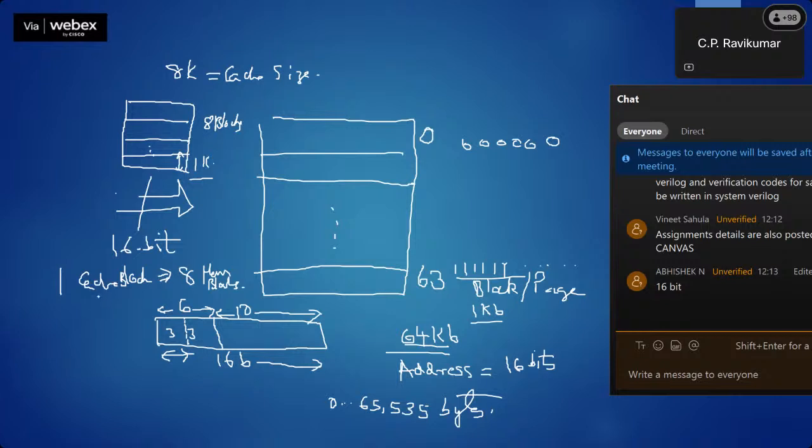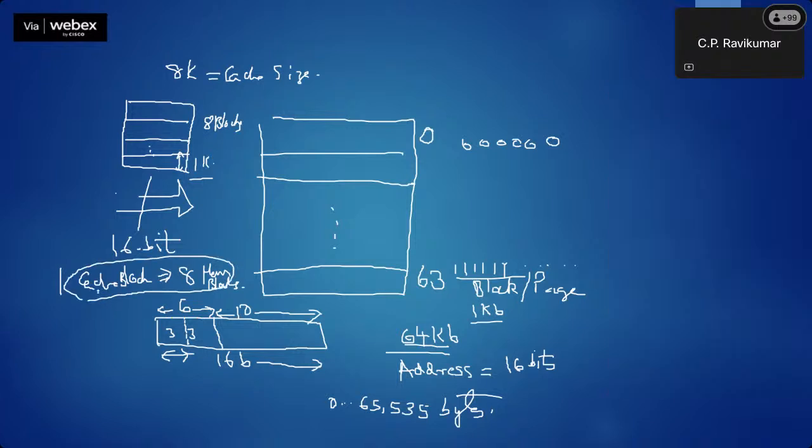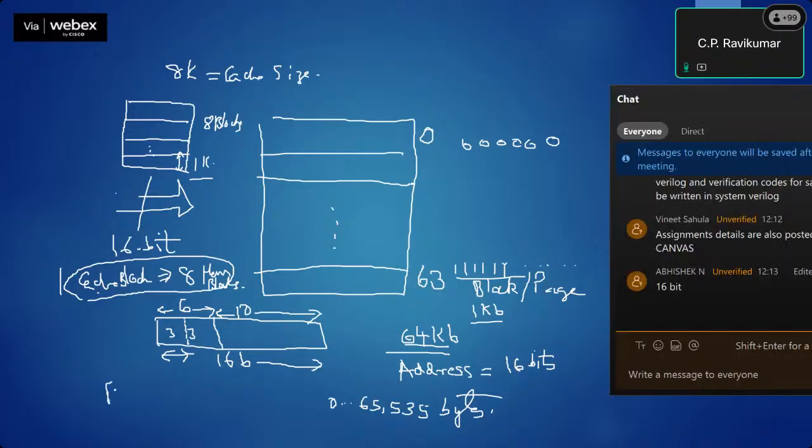Okay. We have assumed fully associative caches. That means any one of these memory blocks can reside anywhere.